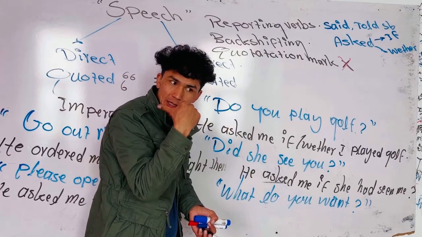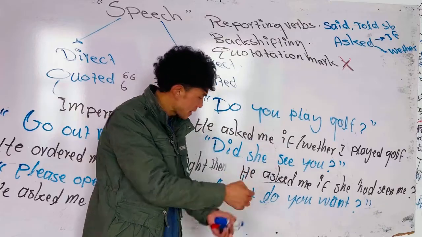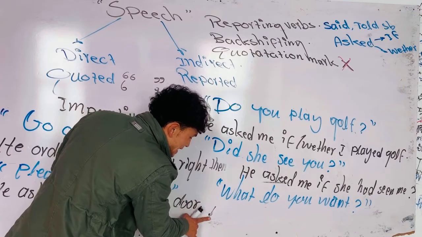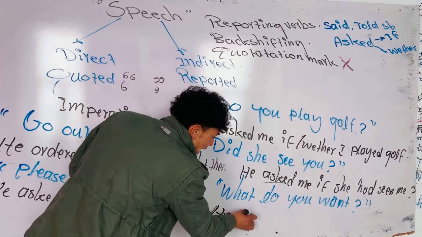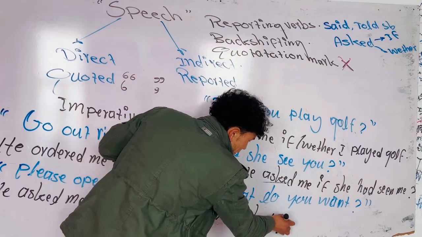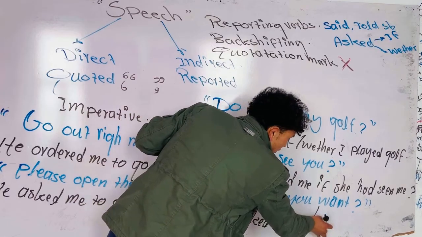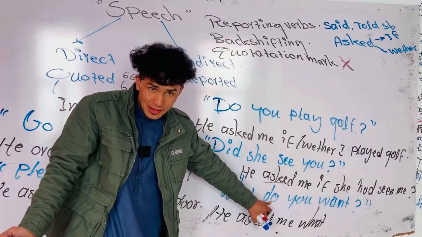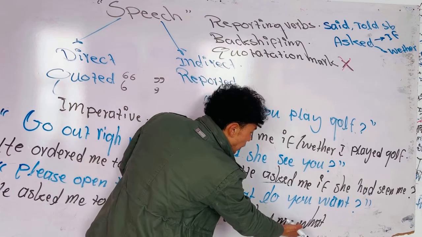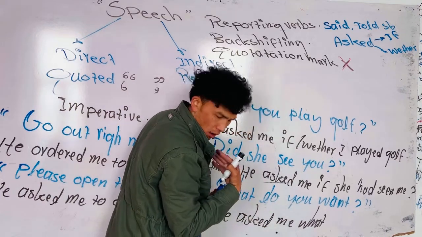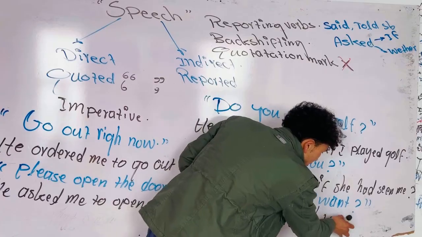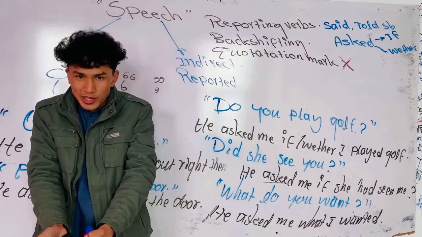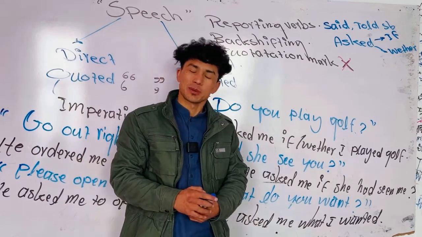The way we changed noun clauses, I mean informative questions, we change in the exact same way. Remove the auxiliary verb. He asked me what I wanted. Want is present, wanted is simple past.